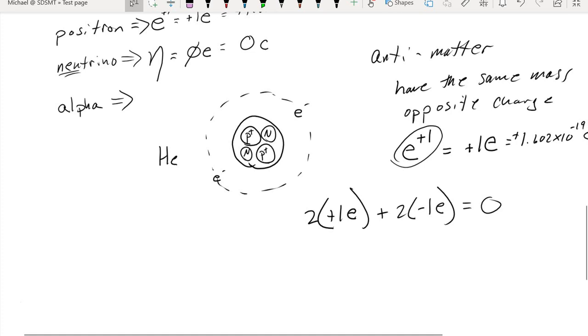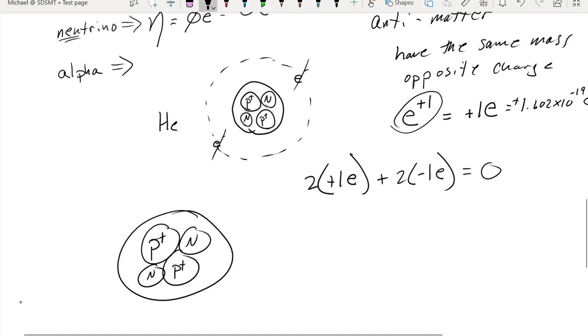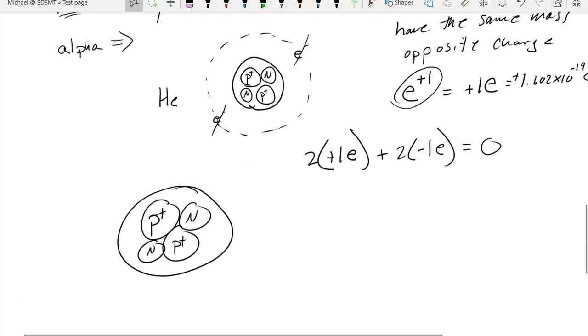But now if we were to strip away the 2 electrons, so now all we have left is basically the helium nucleus. Without the 2 electrons orbiting around that nucleus, we now have a net charge of positive 2 for this particle.